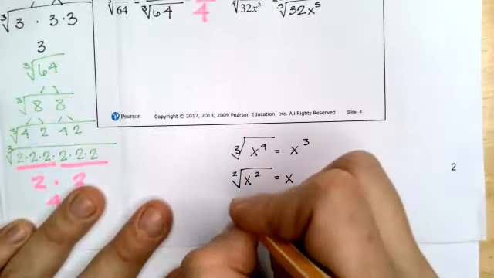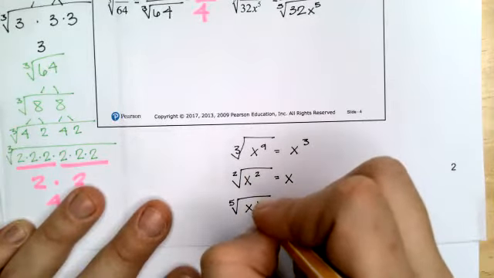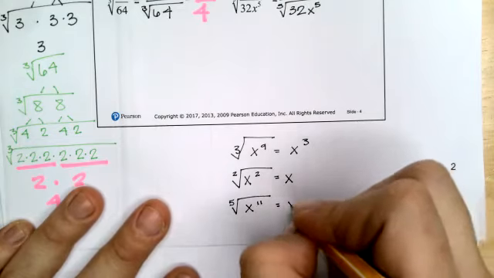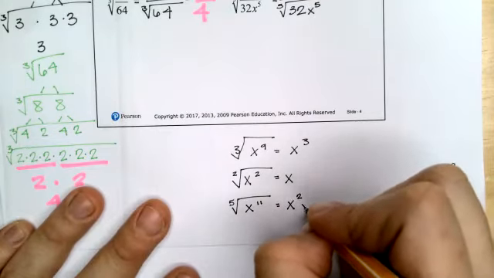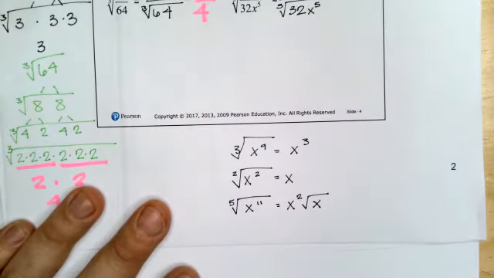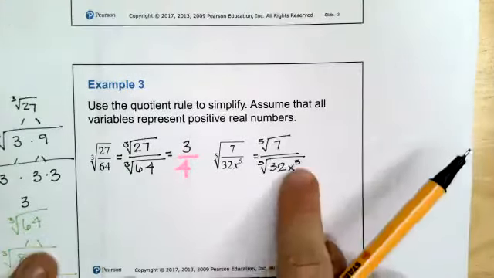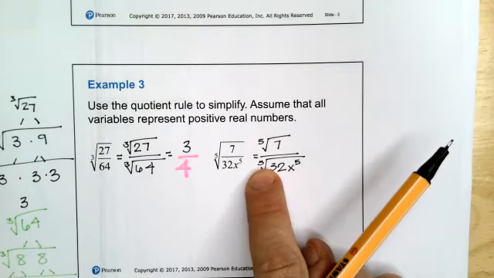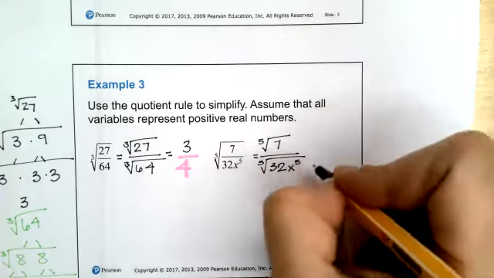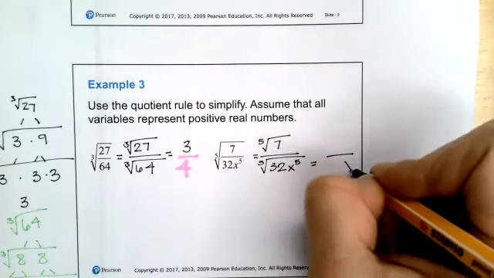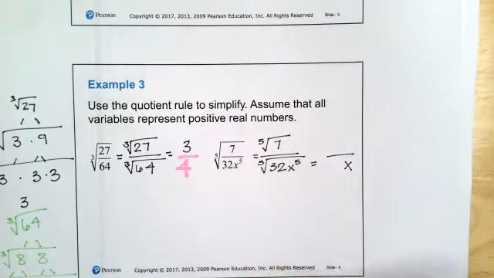The fifth root of x to the 11th is going to be x squared with an x inside, because 11 divided by 5 is 2, remainder 1. Okay, so if you see that this is x to the fifth, but it's being held under the radical 5, you can just say that that is x, right? That 5 cancels that 5.